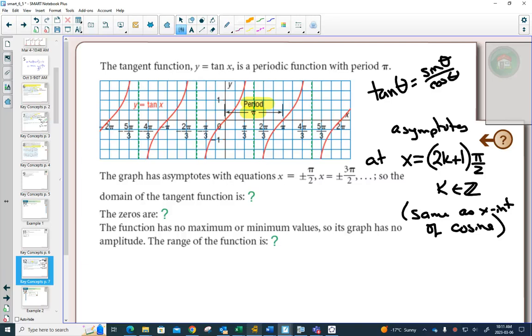If you're dividing by 0, that's not allowed. Those are all the places where tan is undefined. So the equation of every asymptote can be written as (2k plus 1) pi over 2. Where tan is equal to 0 is exactly the same as where sine is 0, so your zeros are all going to be k pi, just like the zeros of sine.